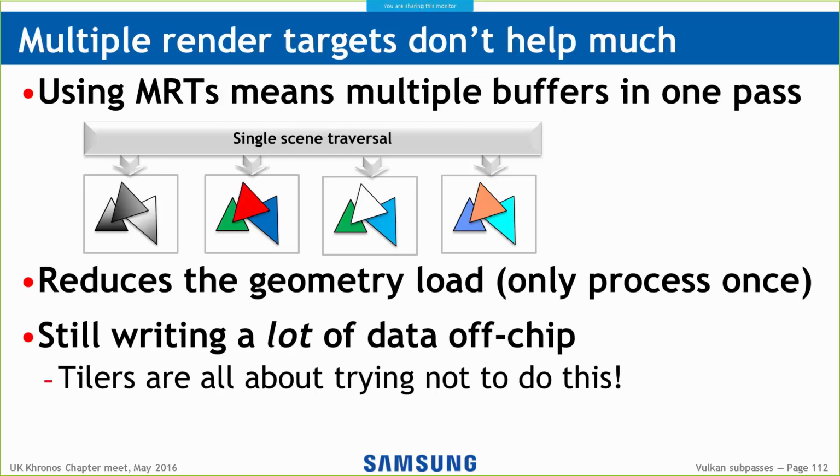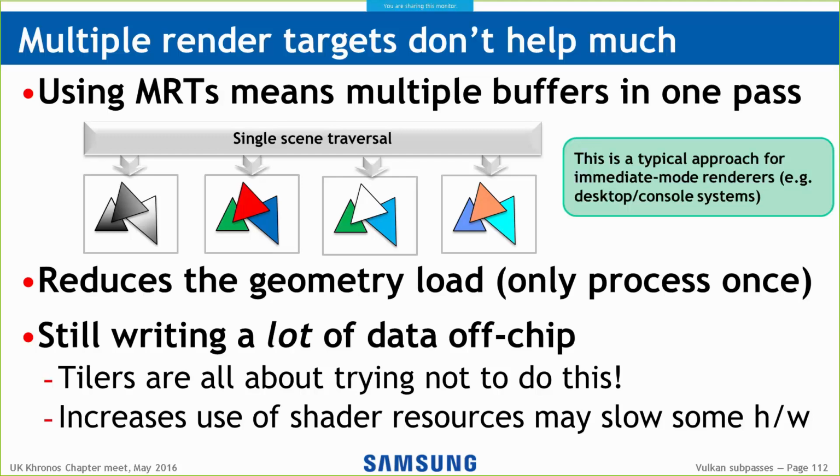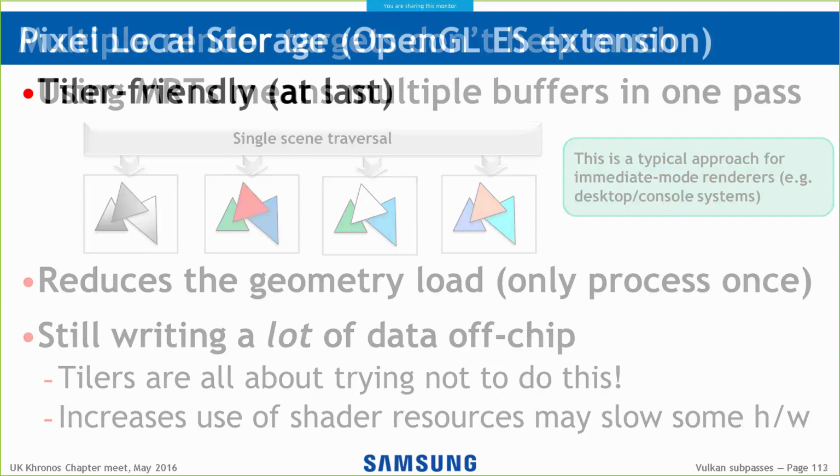The other thing is that because you're writing to more stuff from one shader, you're putting more requirements in the capabilities of those shaders, so that can potentially slow things down a little bit as well. So as I said, that's what you might expect in a desktop system or in a console. So there are ways of doing this on tilers.